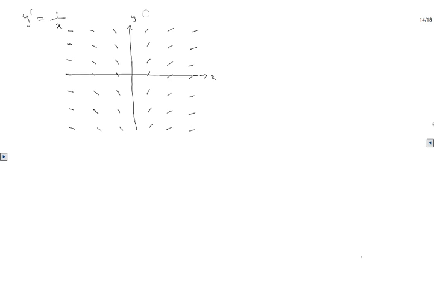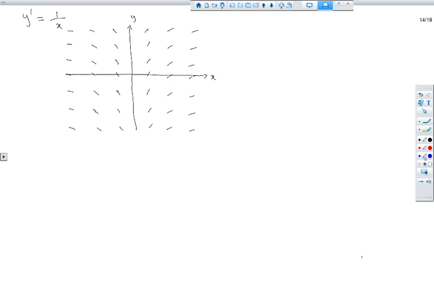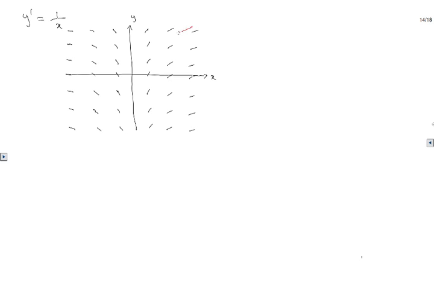Now the problem is, if you try to draw typical solutions, you can see that they just follow the directions. If you start here, it's going to follow the line, so it's going to go like that, and here it's going to go like this.